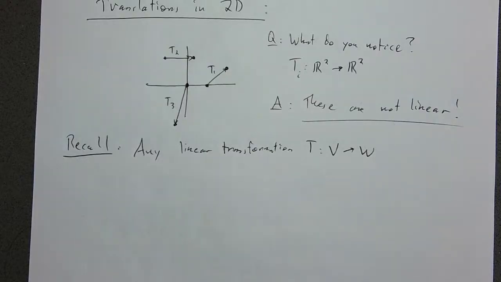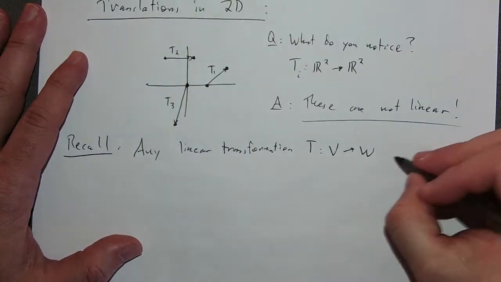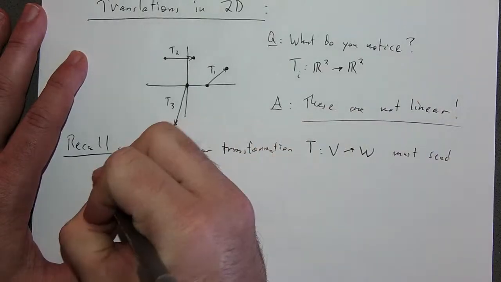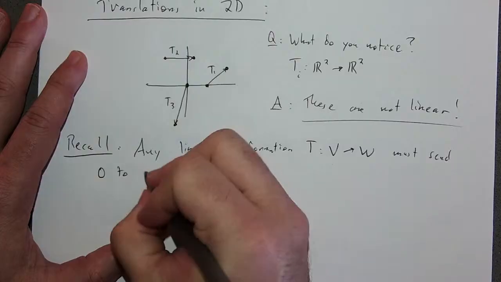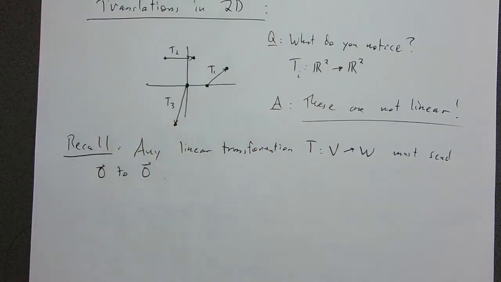This has everything to do with the actual linear transformations themselves, the actual vector space structure itself. It doesn't have anything to do even with R2, although it's easier to see, more immediate in that case. But any linear transformation here must send the 0 in V to the 0 vector in W.